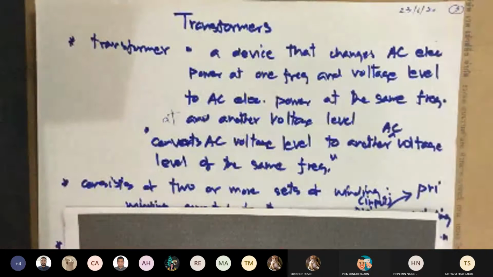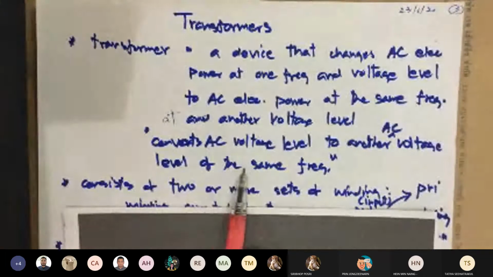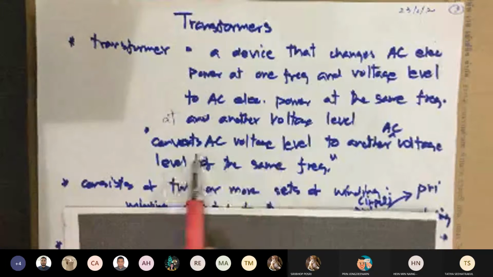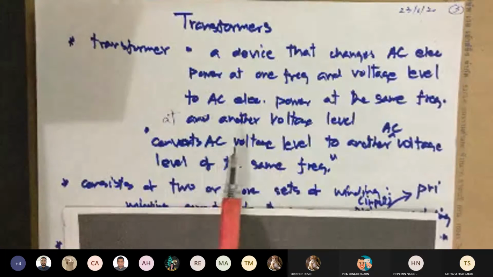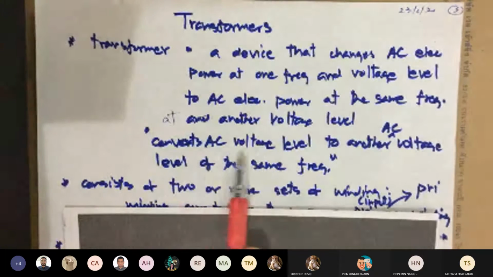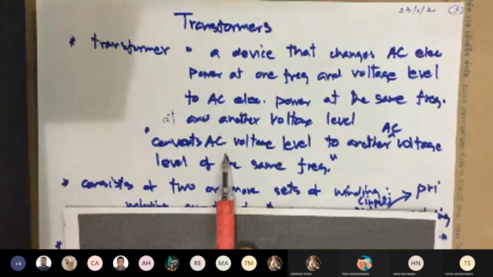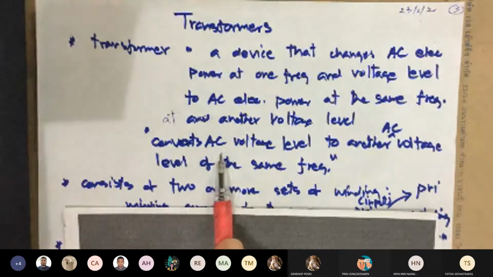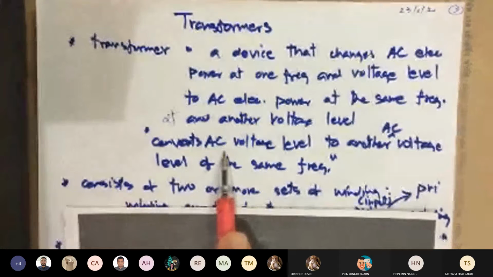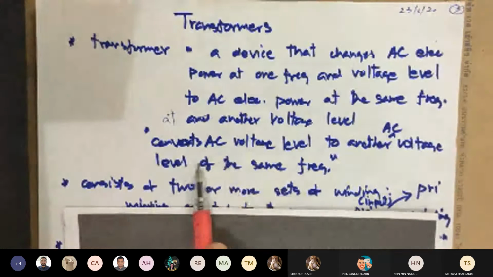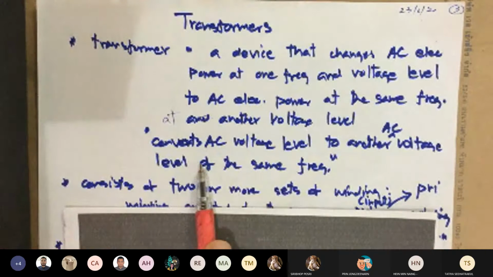And again, remember, this is based on Faraday's law. So it means that a transformer only works with AC voltage. Don't get confused about a DC transformer. There's no such technical term. A DC transformer does not exist. When we talk about a transformer, by default, that is an AC voltage system, always.